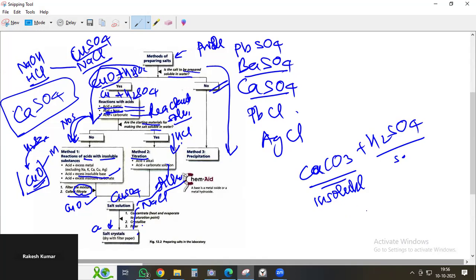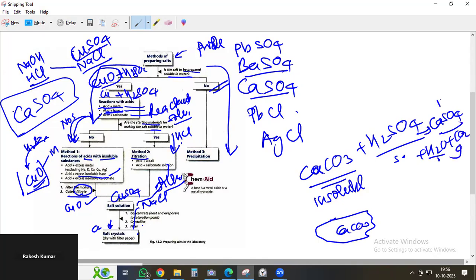It will react with CaCO3 and make CaSO4 plus H2O plus CO2. But CO2 is a gas, it will go away, this is water, but CaSO4 is insoluble. So it will stick to the surface.